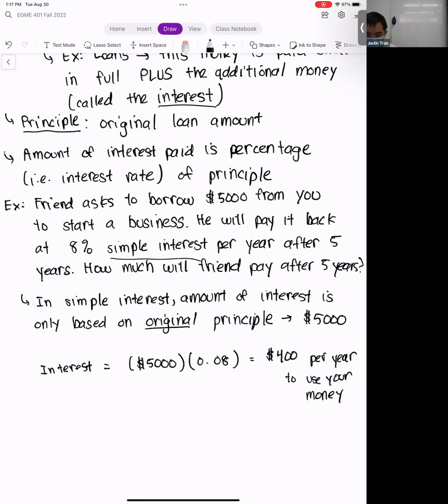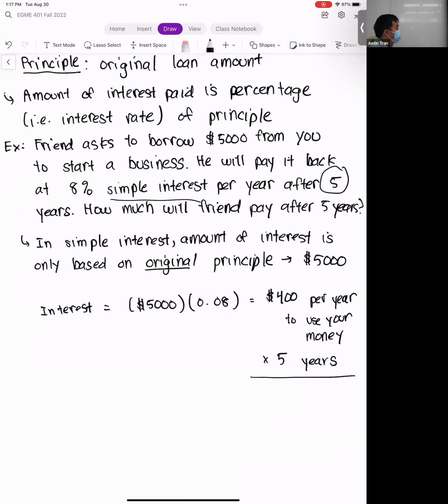And so if that's the price per year, you're lending your friend money for 5 years. So let's go ahead and multiply this by 5. $400 times 5 is $2,000. That's the amount of money that your friend is going to owe you just from the interest.